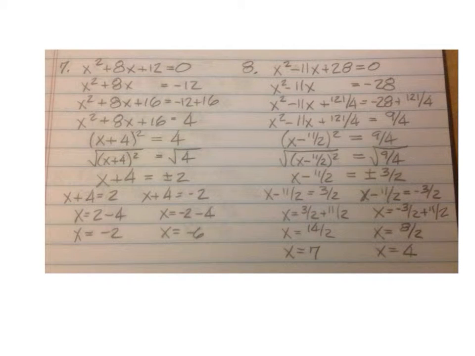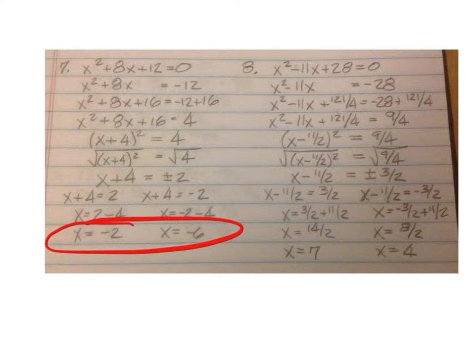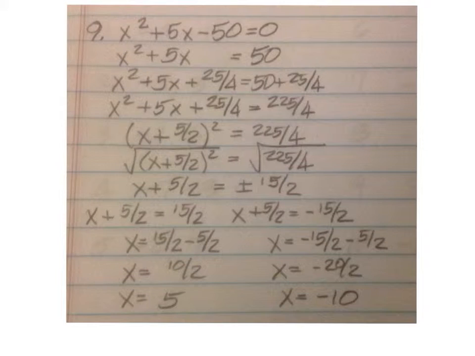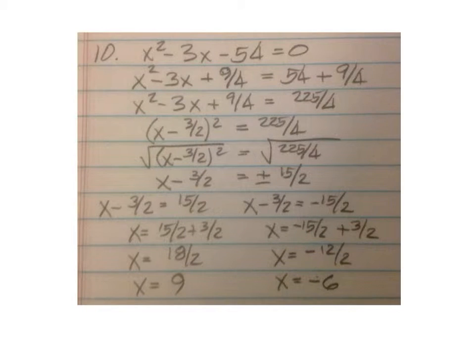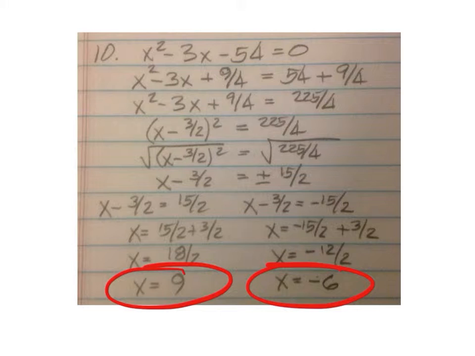And 7 is -2 or -6, 8 is 7 or 4. Number 9 is 5 or -10. 10 is 9 or -6.